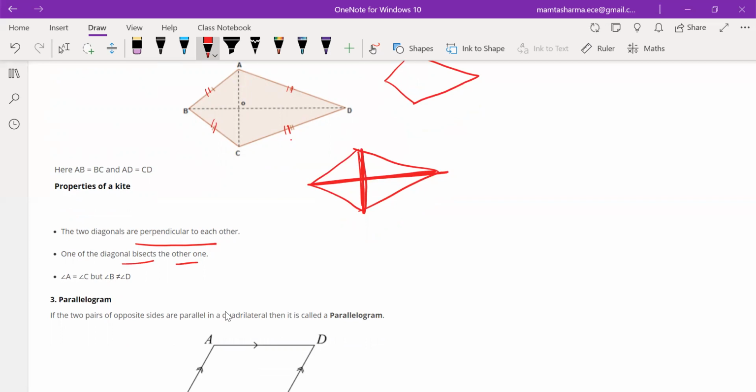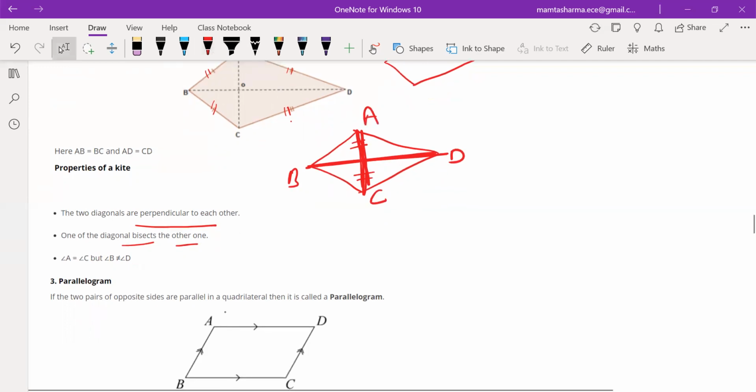What is the meaning of bisect? Bisect means division in equal parts. So this diagonal BD will bisect this diagonal AC into two equal parts. So this part and this part will be of equal length. This is the property of a kite.